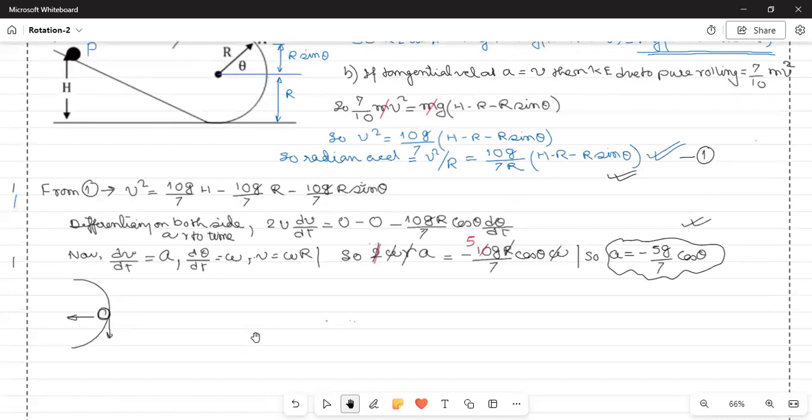The normal force is mv square by r. We know that, so we don't have to bother anything about this.